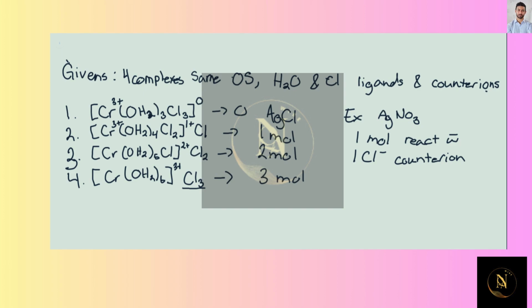So adding these all up, we get a total of 6 moles of silver chloride that are going to precipitate out if we add excess silver nitrate to 4 different chromium complexes that have the same oxidation state and are octahedral.